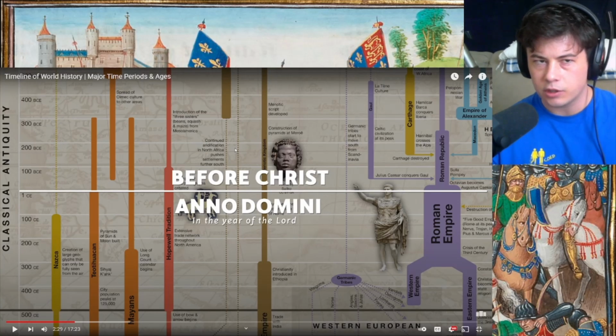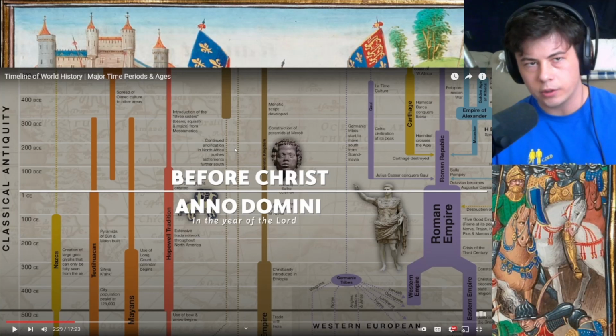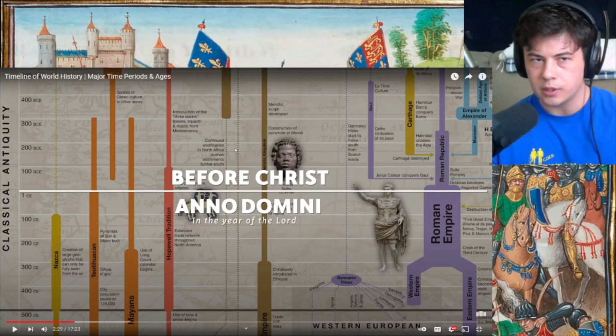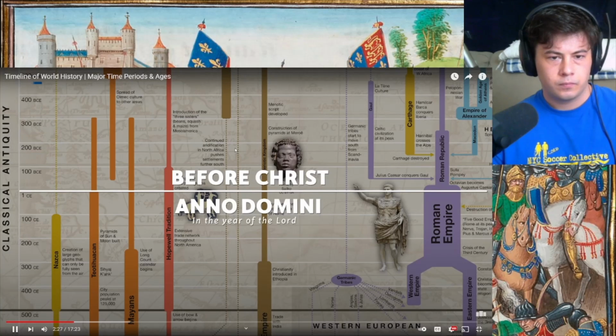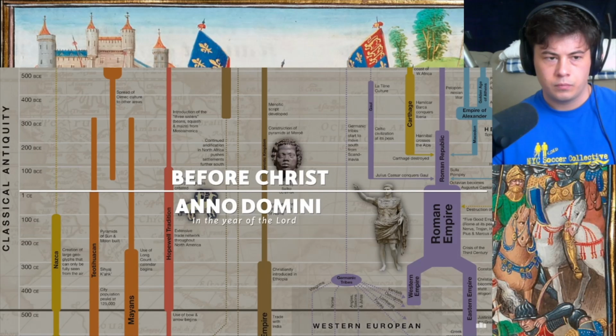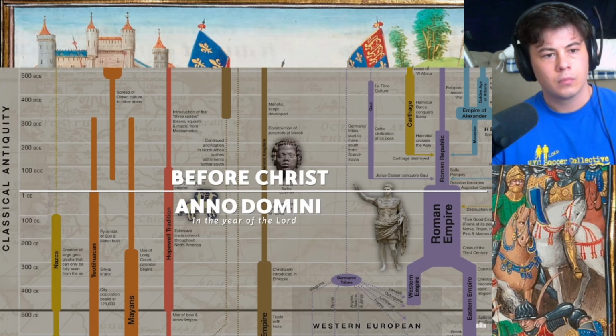And then the second century BC would be 199 BC to 100 BC. And I should point out that there is no year 0. So basically the year 1 BC was followed immediately by the year 1 AD.